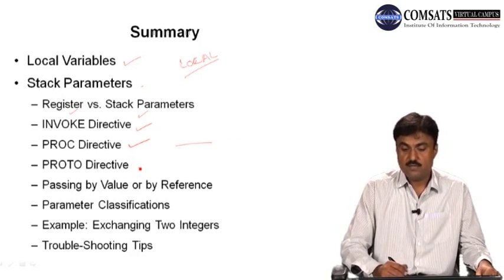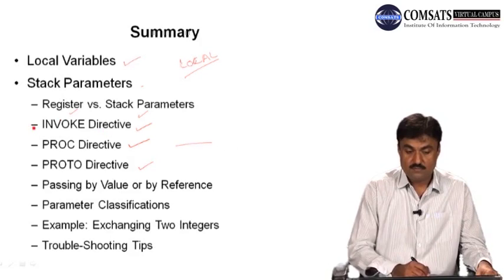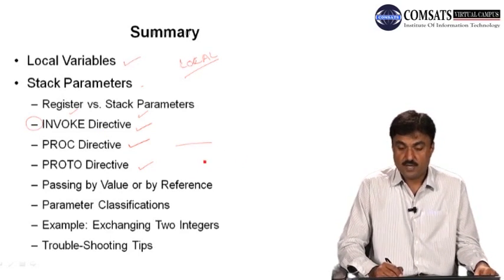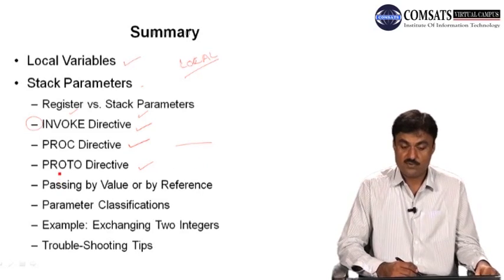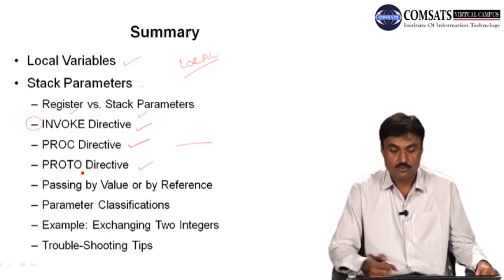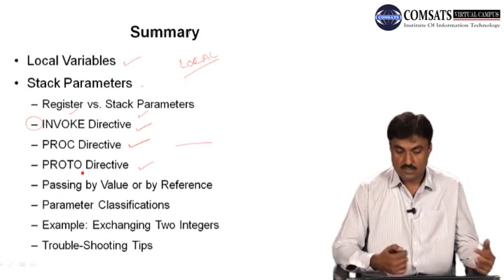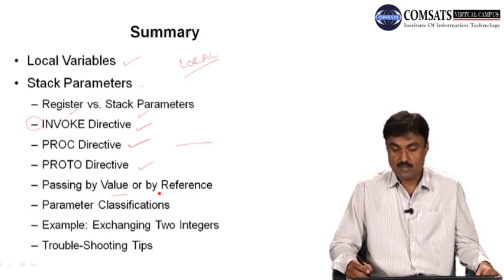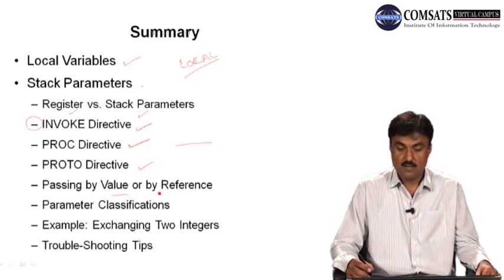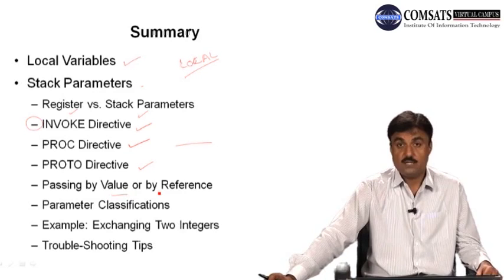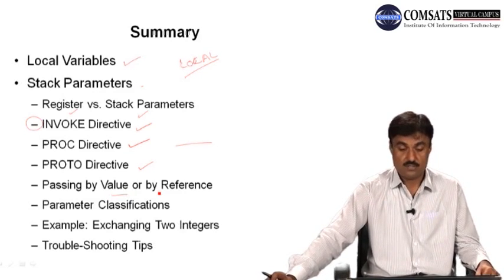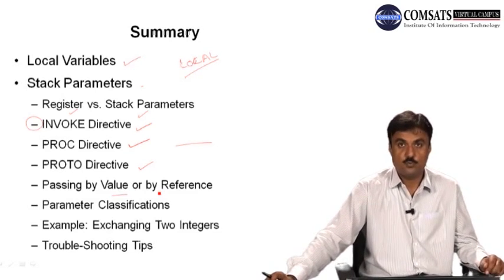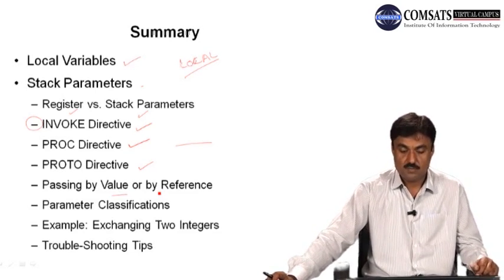Then we have the proto directive. If you want to use the invoke directive to call any procedure, we must define the prototype of the procedure or subroutine before the main program, so that after that you can use the invoke directive. We have seen examples of passing arguments by reference or by value, and so on. Then parameter classification: there are input parameters, output parameters, and IO parameters.